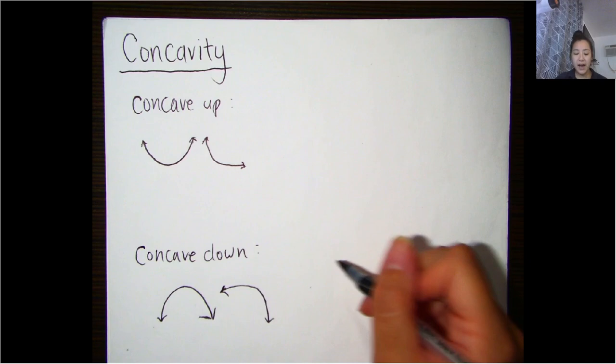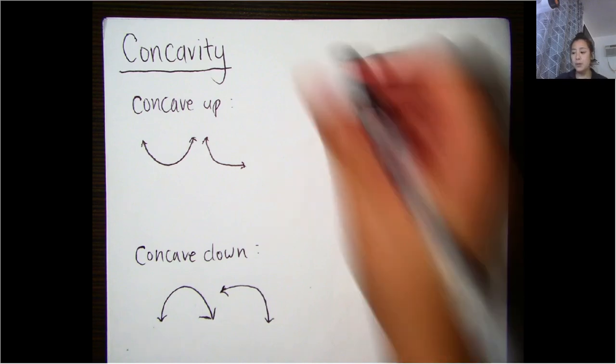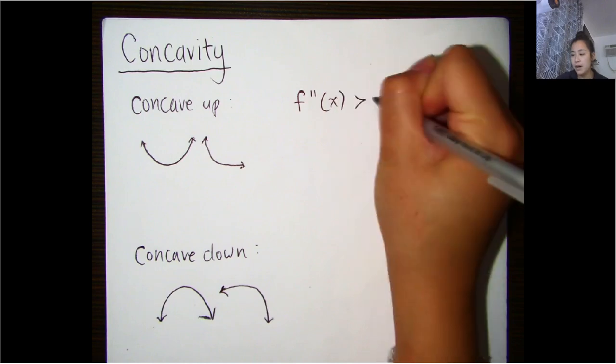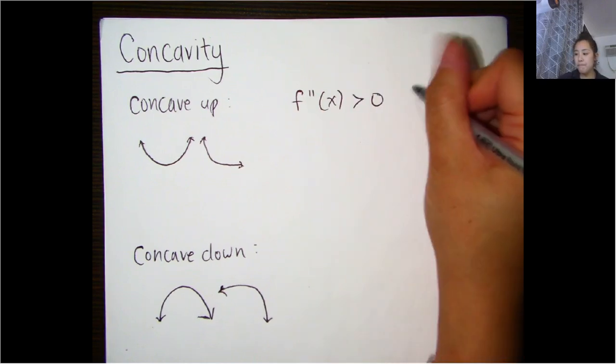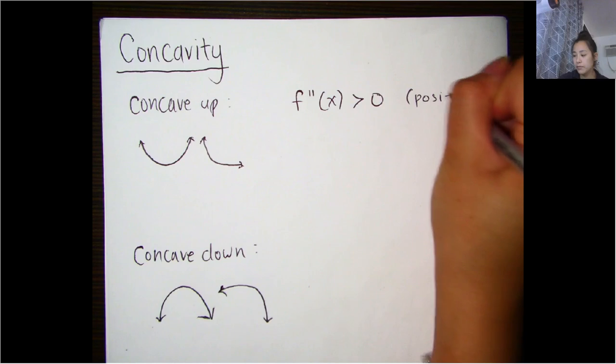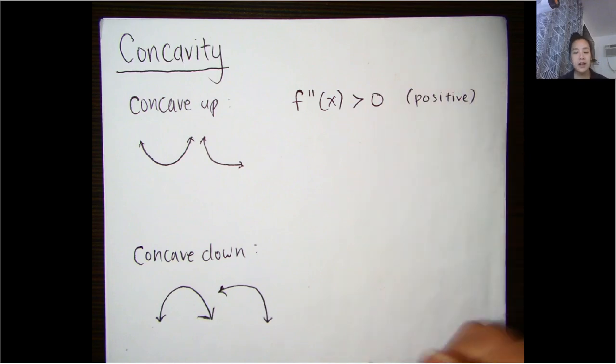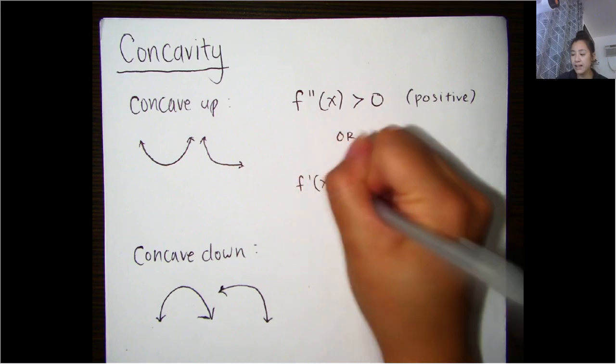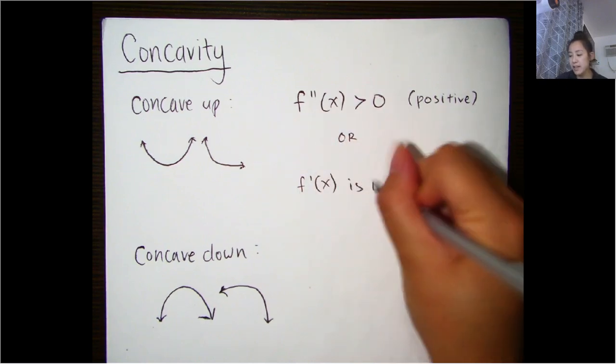Okay, so concave up is going to be where f double prime of x is positive or greater than 0, or where f prime of x is increasing.